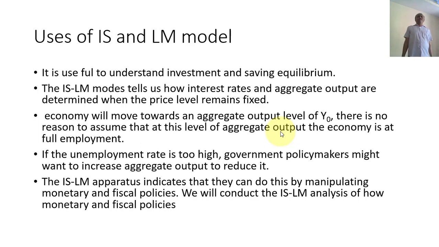When the price level remains fixed, the economy will move towards the aggregate output level, that is Y0, where there is no reason to assume that the level of aggregate output in the economy is at full employment. If the unemployment rate is too high, government policymakers might want to increase aggregate output to reduce it.